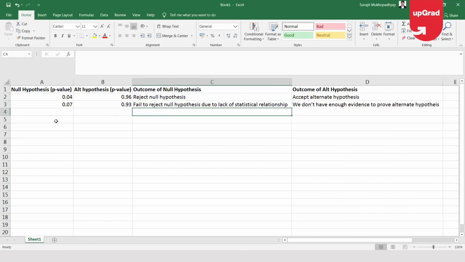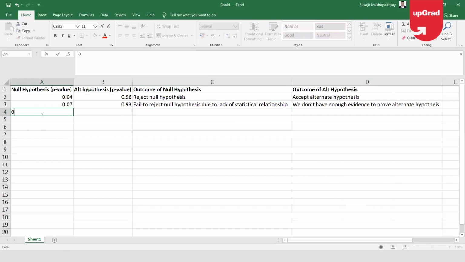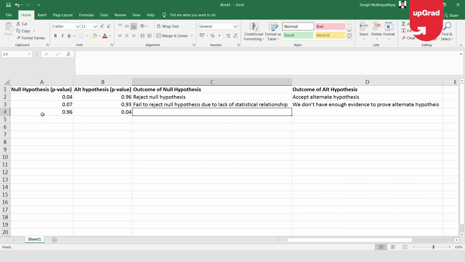But under what scenario? If the p-value of the null hypothesis is say 0.96, for example, and this is 0.04, right? So in this case I can say yes, we can indeed accept the null hypothesis.